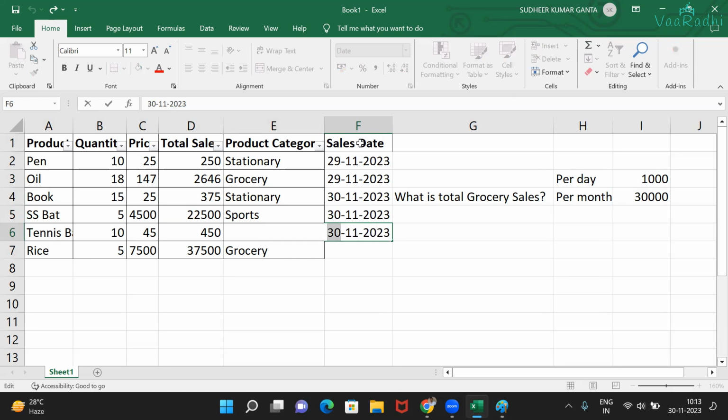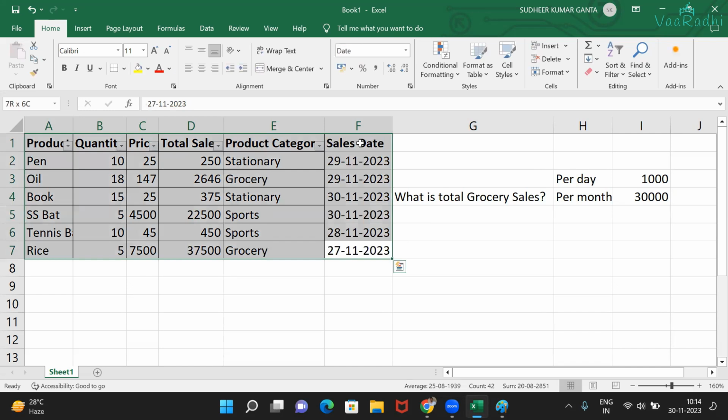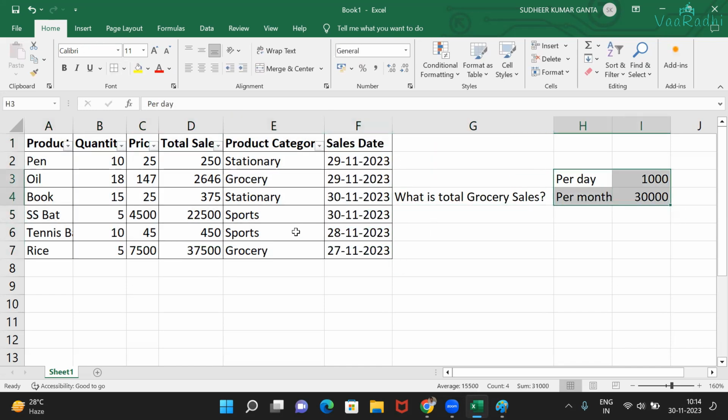Otherwise, I'll use 28 and I'll use 27. So now, let me remove this.